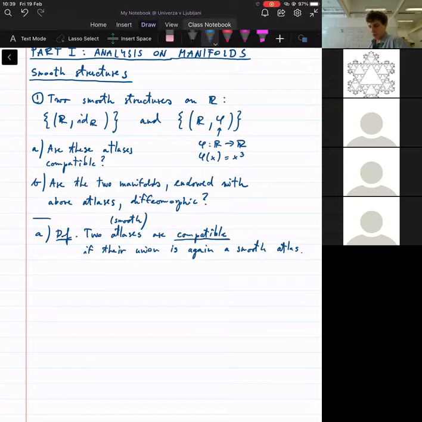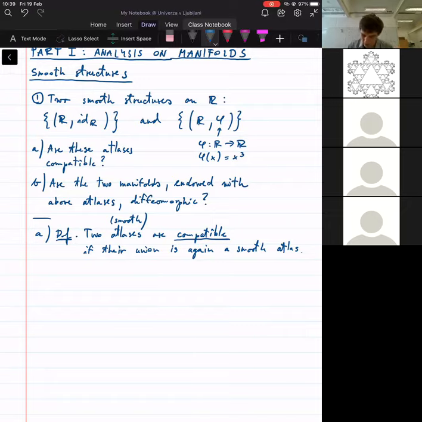We are concerned about whether the transition maps are indeed, so transition maps are maps from Euclidean spaces to Euclidean spaces, right? And we are concerned whether these are diffeomorphisms in the usual sense, in the sense of your favorite analysis course.